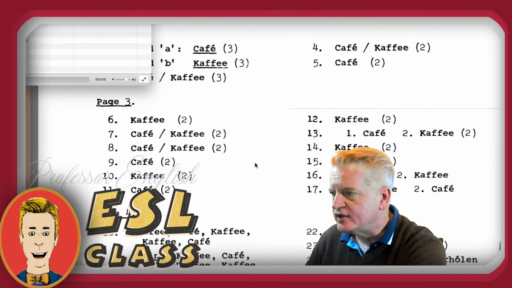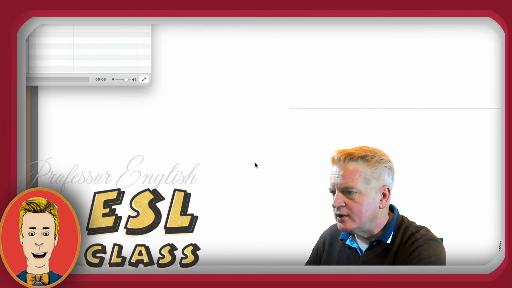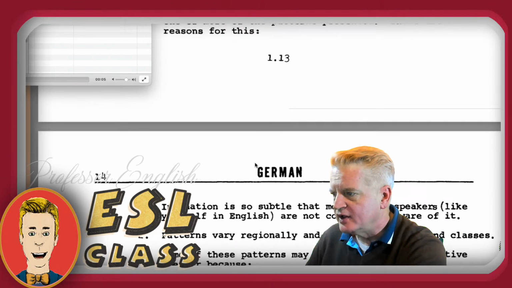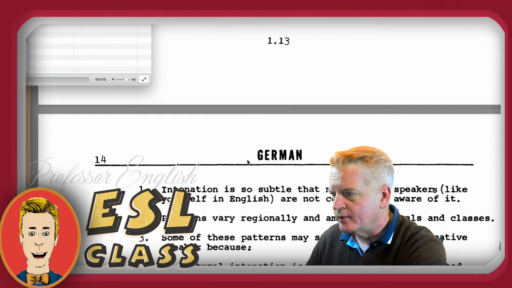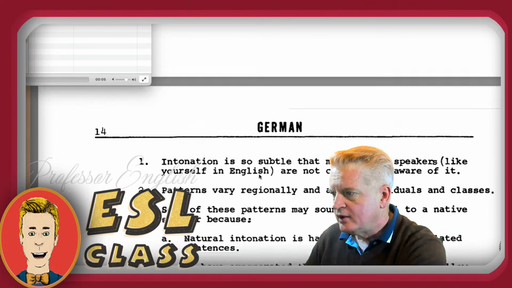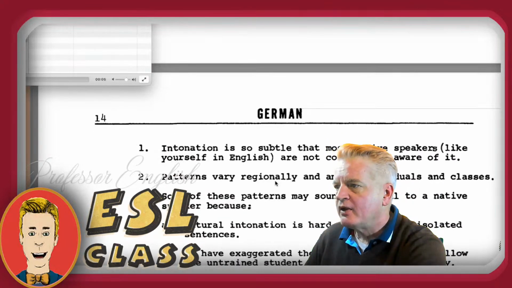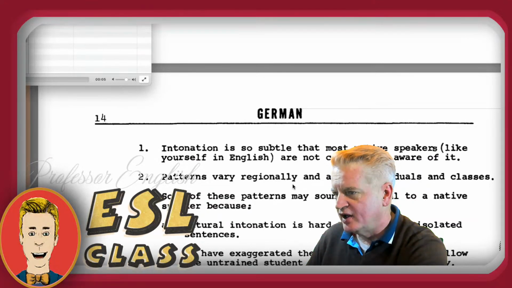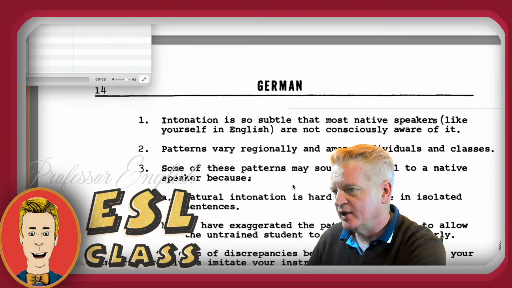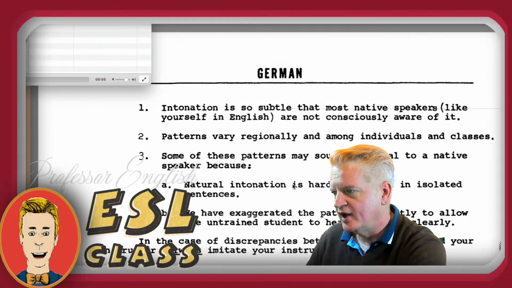Okay, well, this is all still Unit 1. What do they say at the... Oh, this is just recapping. Intonation. Let's see, let's read it. Intonation is so subtle that most native speakers, like yourself in English, are not consciously aware of it. Patterns vary regionally among individuals and classes.